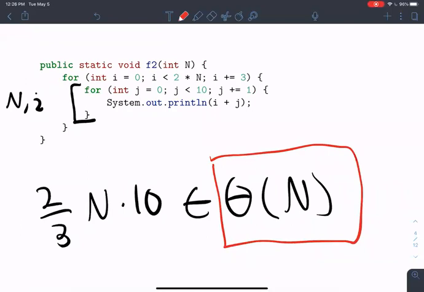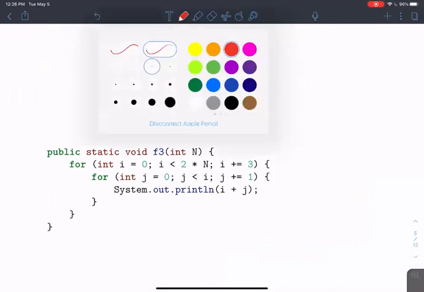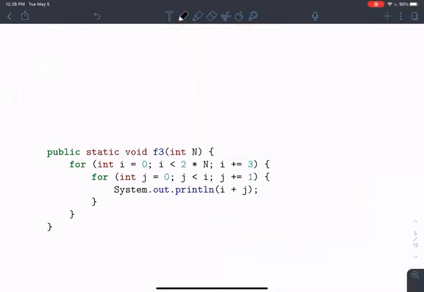But I feel like typically functions won't have a structure like this. Usually they would look something like this, where the inner for loop does depend on i, right here. Okay, so now we can't use the same trick as earlier.